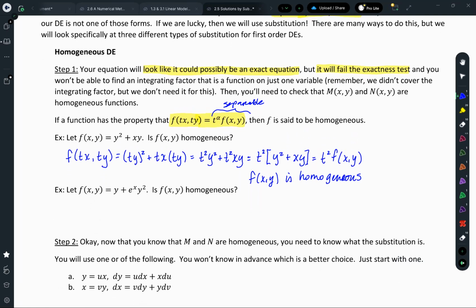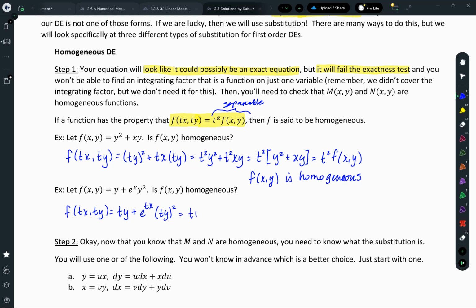Now let's see what happens in the second one. Let f of x,y equal y plus e to the x times y squared. Is f of x,y homogeneous? Well, let's look at it. f of tx, ty will give us ty plus e to the tx times ty in parentheses getting squared. Let's simplify this.